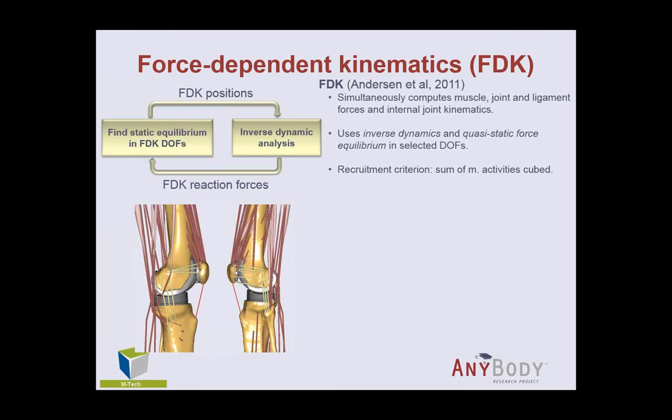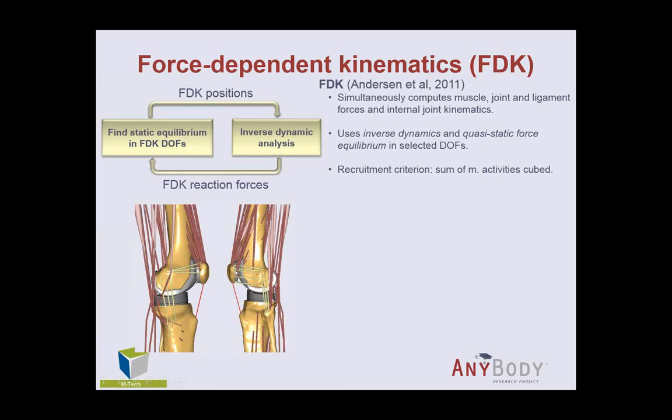And the idea here is that we basically wrap a solver around inverse dynamics, where it controls some degrees of freedom. These we call FDK positions. I'll come back to what they are for this particular setup. And then once you have positioned these degrees of freedom, you can compute what the forces would be to create static equilibrium with this position.